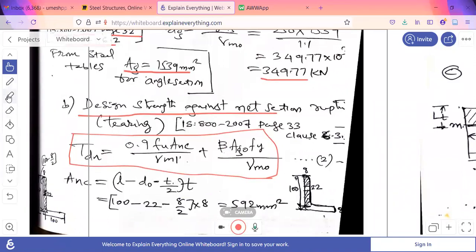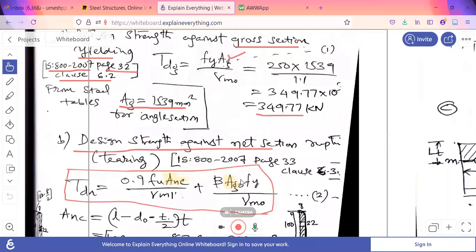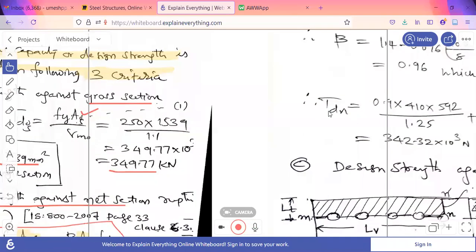In this formula, I'll be calculating this and AG naught. I'll show you this value. See this. This is ANC, which I have calculated first, but here I'll calculate AG naught first.